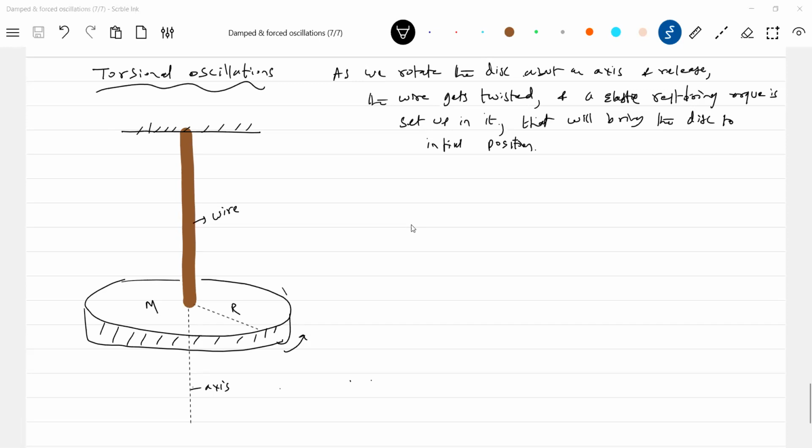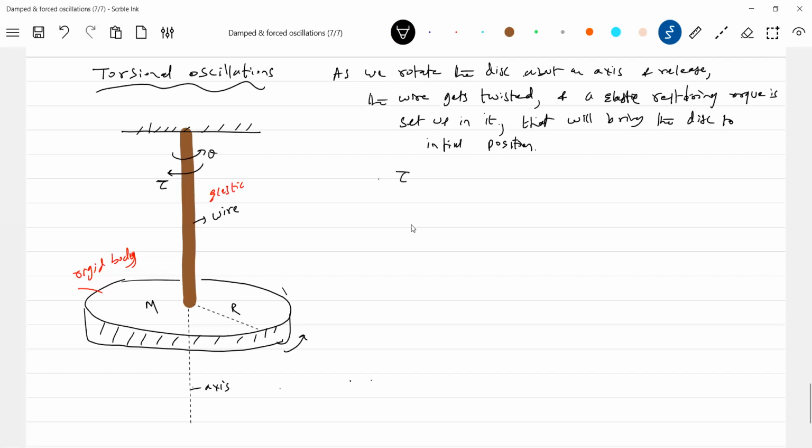It's a rigid body, and this is an elastic wire. So now the restoring torque is set up. Here we have given angular displacement theta like this. The restoring torque set up by the twisted wire will be like this.